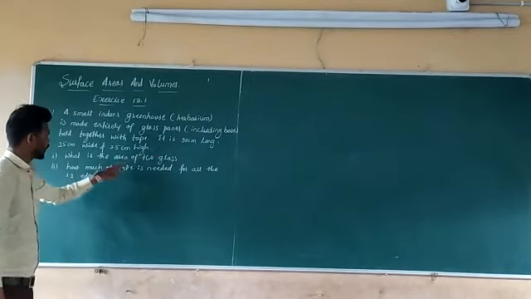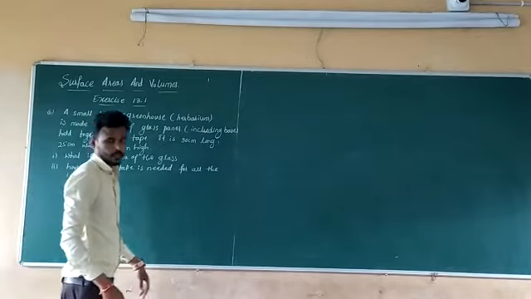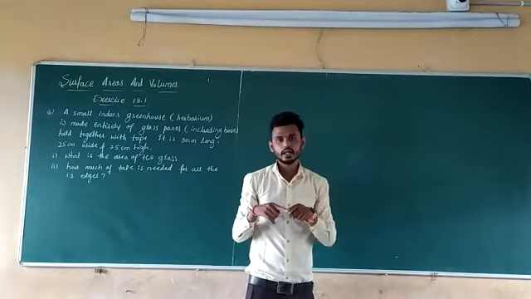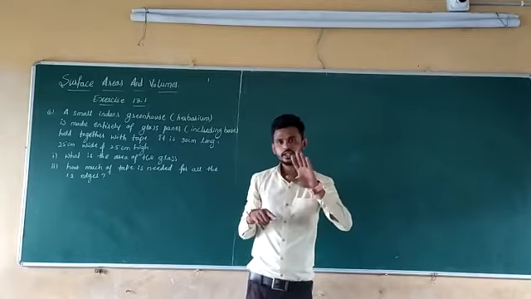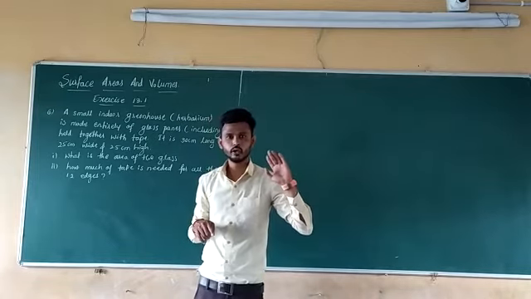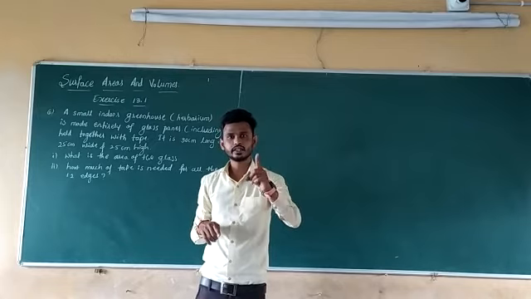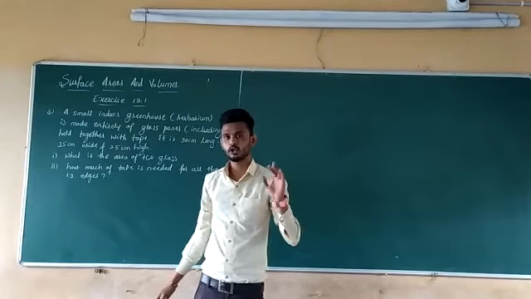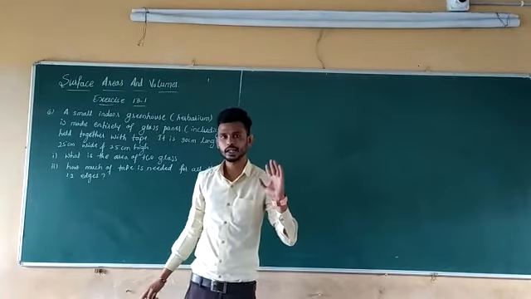Then what is the area of the glass? Area of the glass means, for making that greenhouse we used six faces of glass panes. So what do we need to find? Total surface area of the greenhouse.